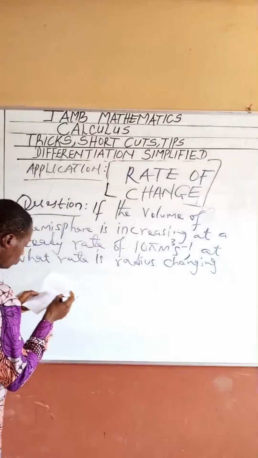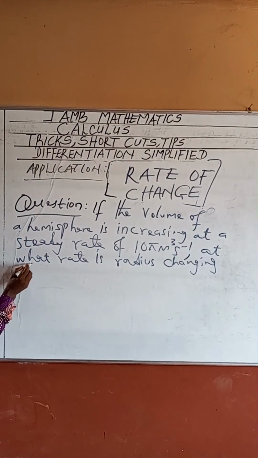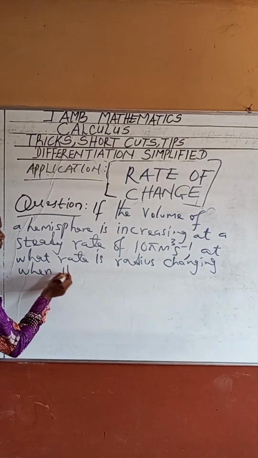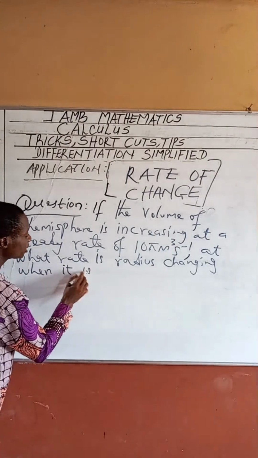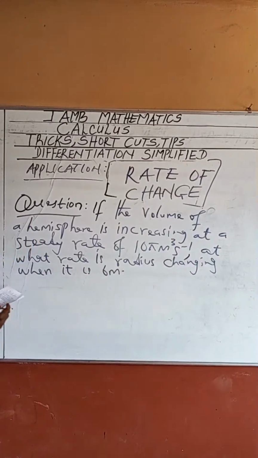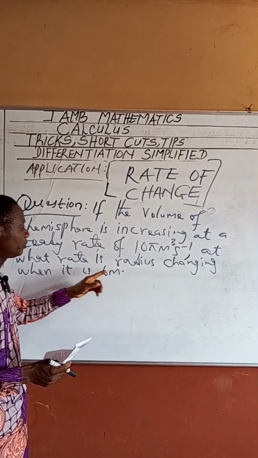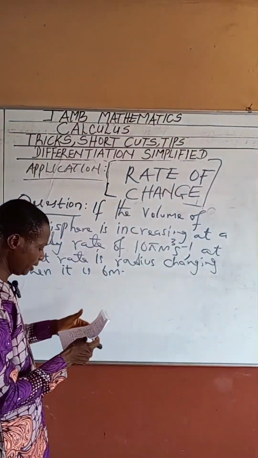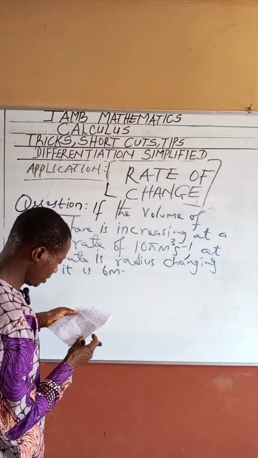This is the last line: at what rate is the radius changing when it is 6 meters? Or 6 meter cubed, I'll check.